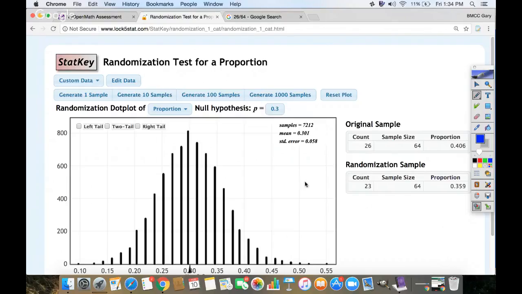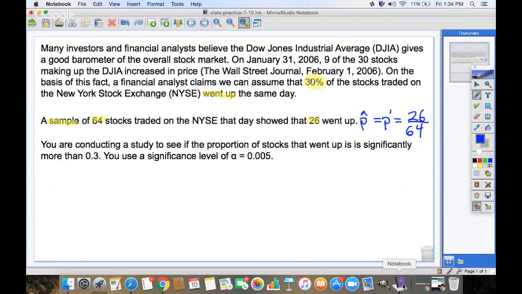Next thing, I need to decide what kind of test to do, left tail, right tail, or two tail. So back to the problem at hand. We want to conduct a study to see if the proportion of stocks that went up is significantly more than 30%. So that statement is my alternative hypothesis. So H_A for alternative is going to be that the population proportion is actually greater than 30% or 0.3.